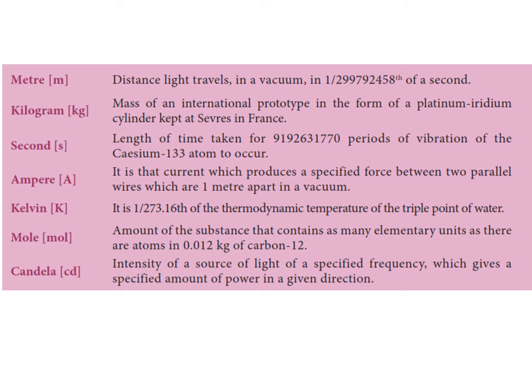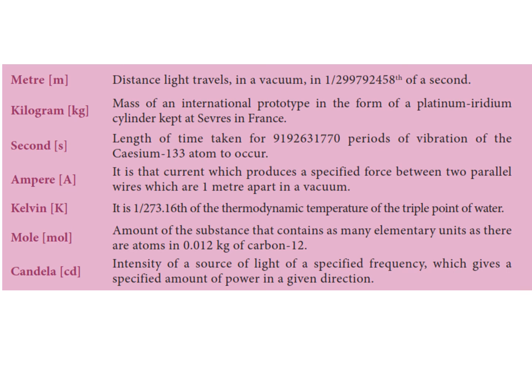Kilogram: mass of an international prototype in the form of platinum iridium cylinder kept at Sevres in France. Second: length of the time taken for 9192631770 periods of vibration of the cesium-133 atom to occur. Ampere: the current which produces a specific force between two parallel wires which are 1 meter apart in a vacuum.